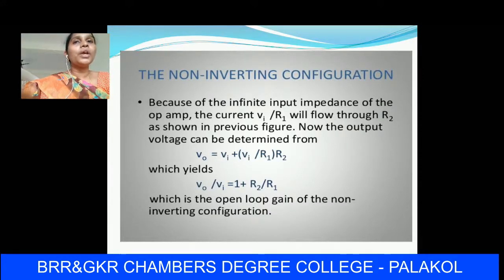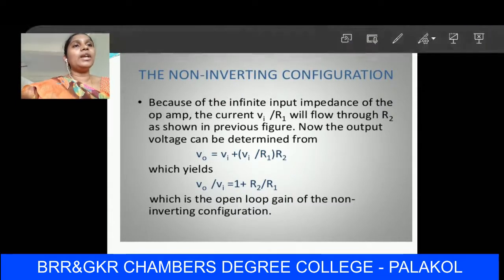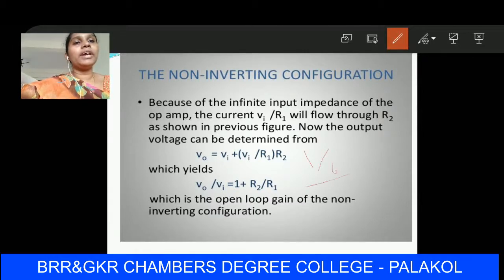In this way, we find the gain of the inverting amplifier as well as the non-inverting amplifier. Here, the gain of the inverting amplifier is V0 divided by Vi is equal to minus R2 divided by R1.